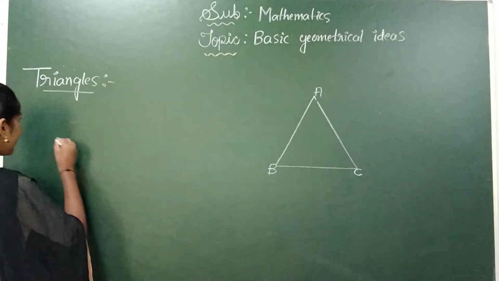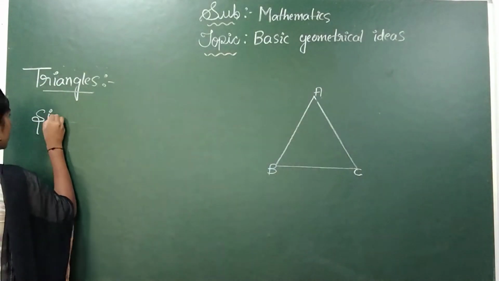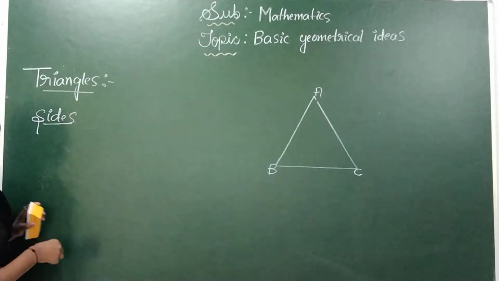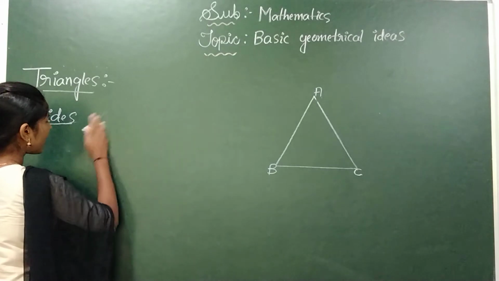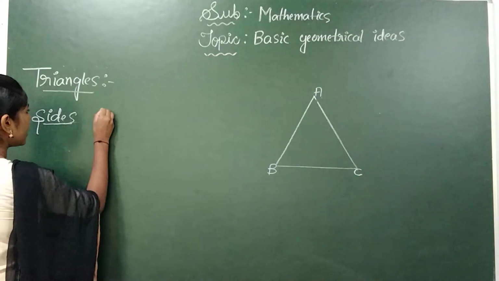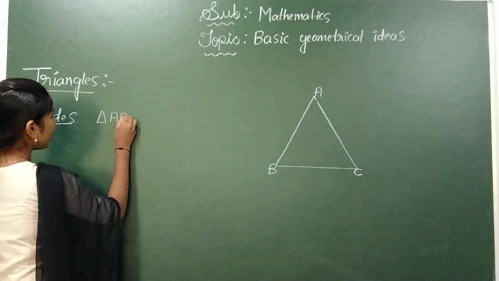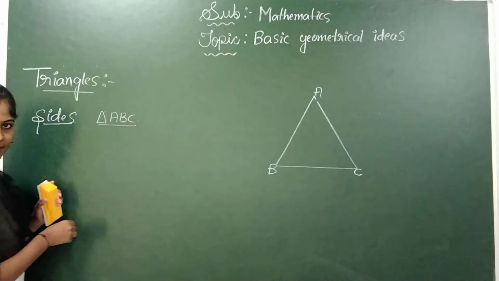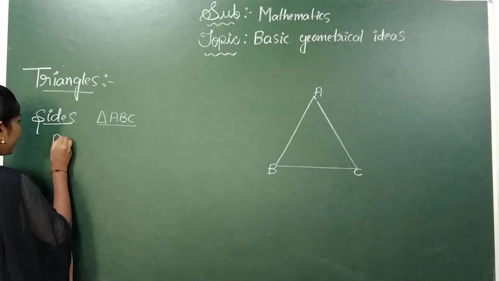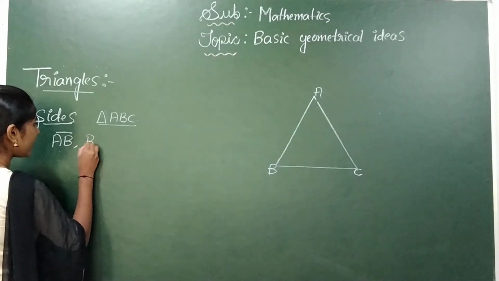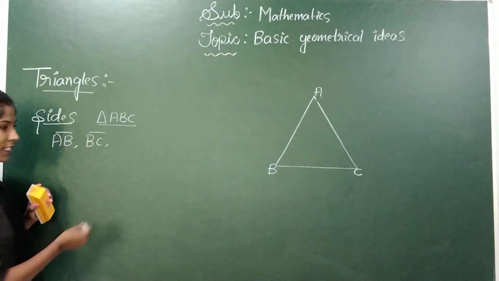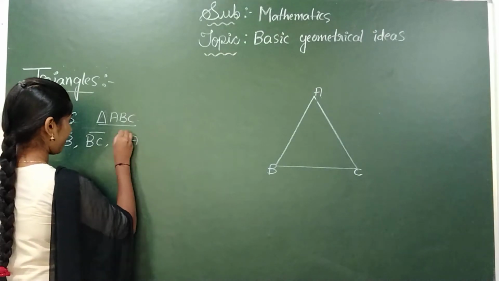So what are the sides of the triangle ABC? See, AB is a side. The next, BC, is a side. Next, CA is a side.